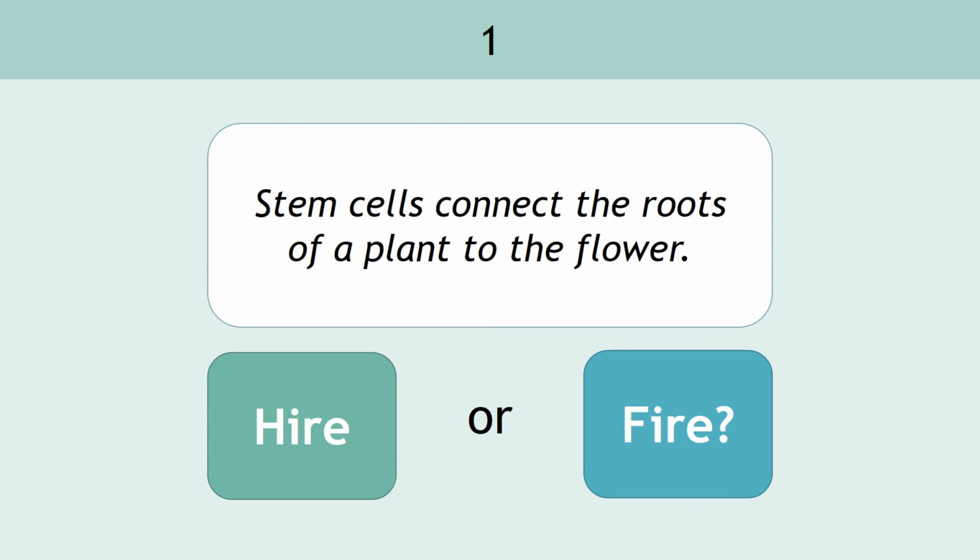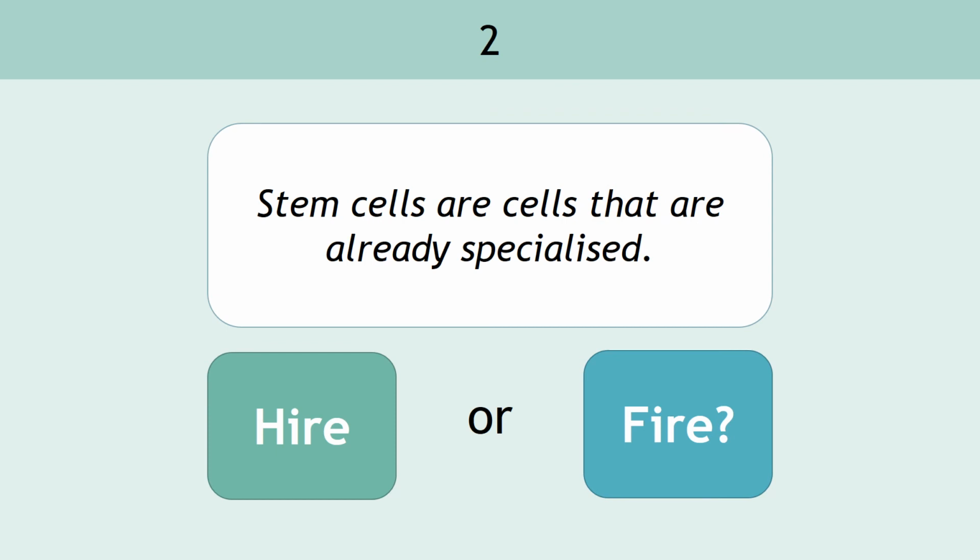Hopefully you have said fire, because stem cells, it's not talking about the stem of a plant, it's talking about these undifferentiated cells. Number 2, stem cells are cells that are already specialized. Hire or fire? That would be a fire again, because stem cells are unspecialized.